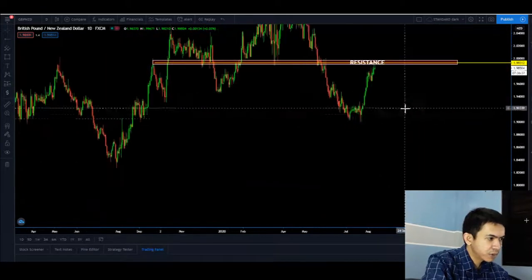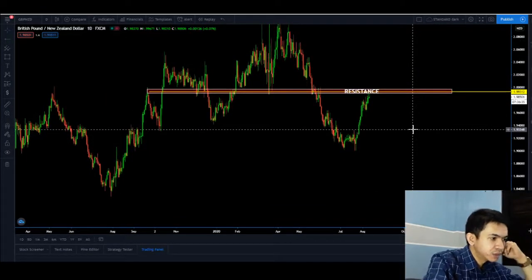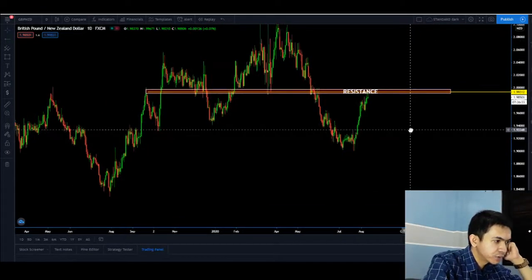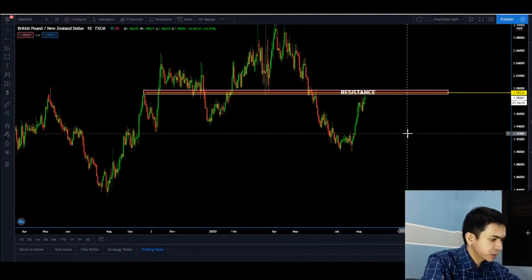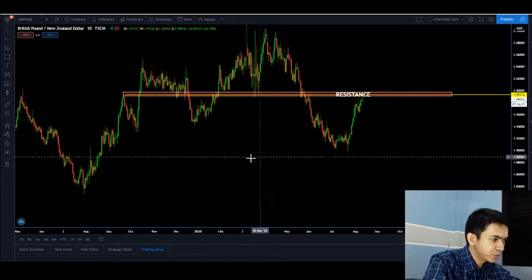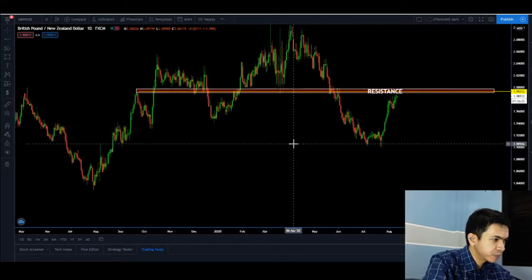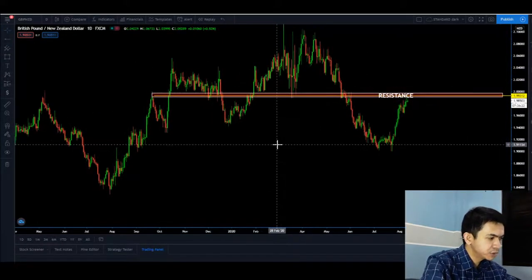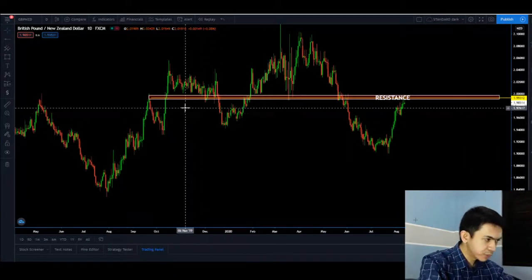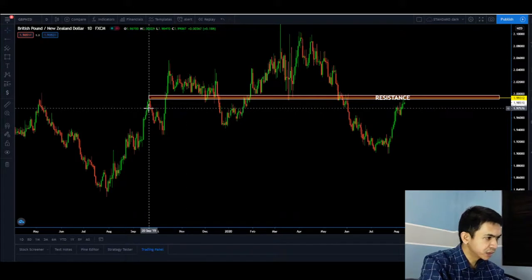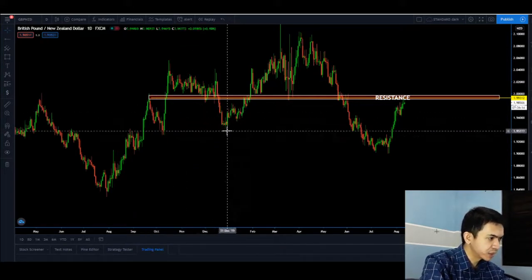So right now we already have our resistance level. And how about our horizontal support? Where is our key significant horizontal support? How are we able to find a significant one? If the price reacts to that level two times or more, that level or zone becomes significant. Again, the higher the time frame is, the more significant the level is.